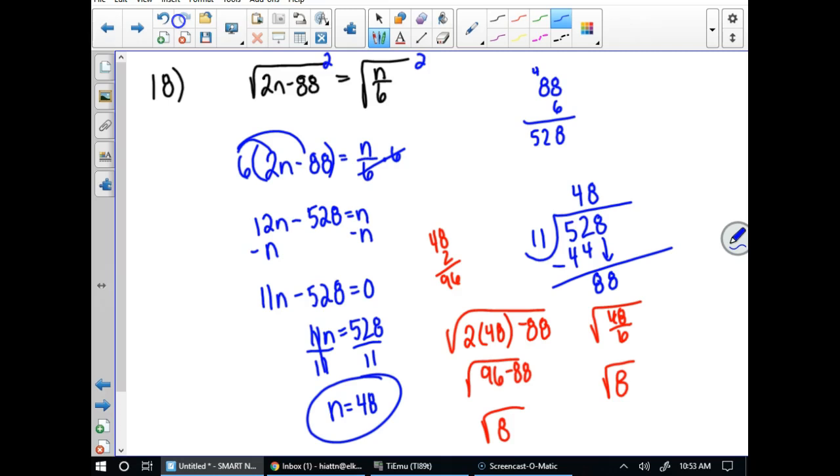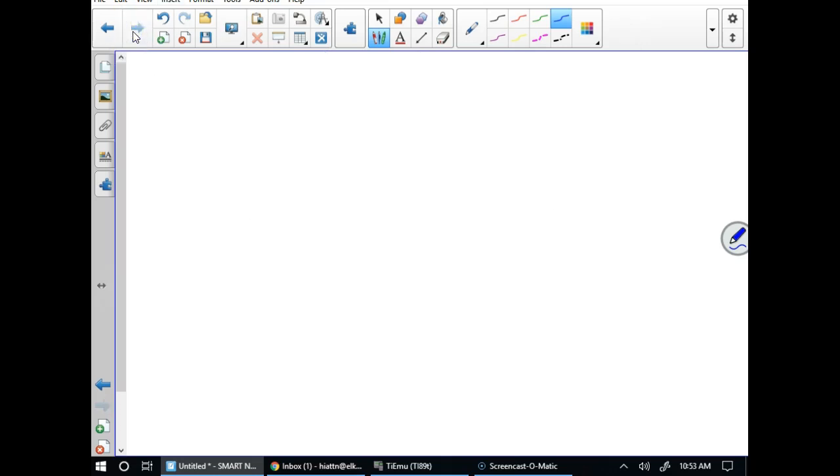Okay, let's go to the second worksheet, because the second worksheet gets a little bit more difficult. So, number 2. P equals the square root of 2 minus P. So this looks a lot like the other problem. It actually looks less scary than some of those fraction ones.